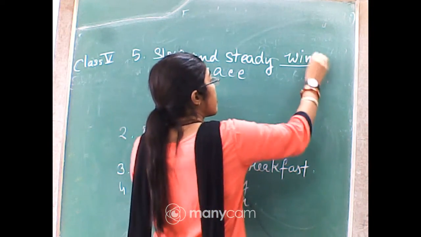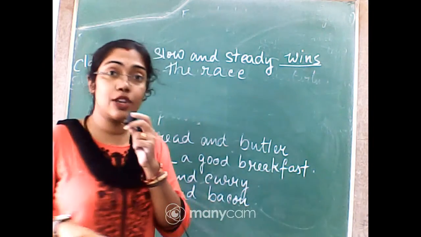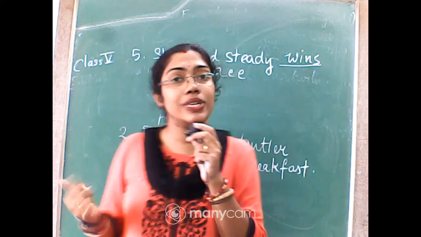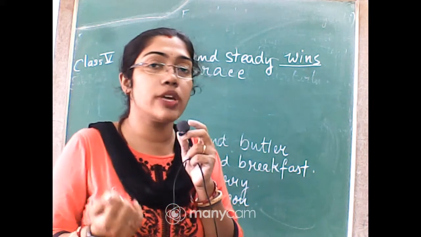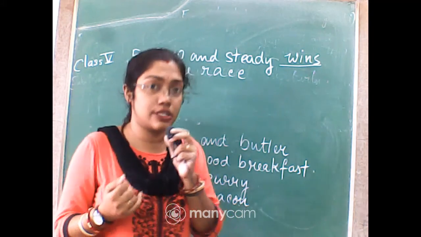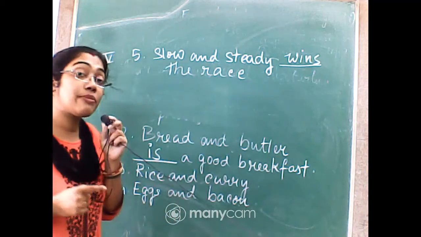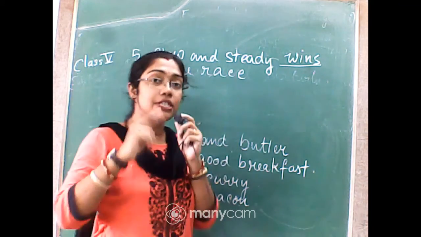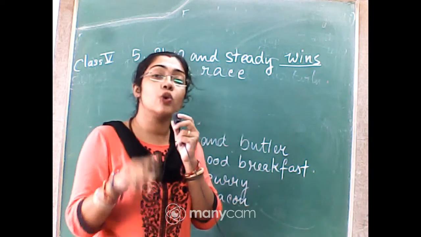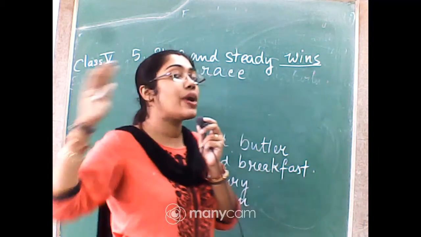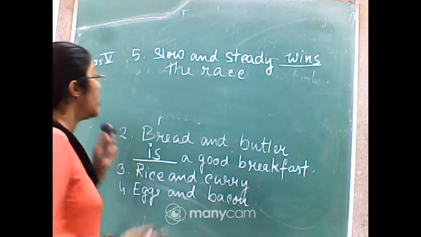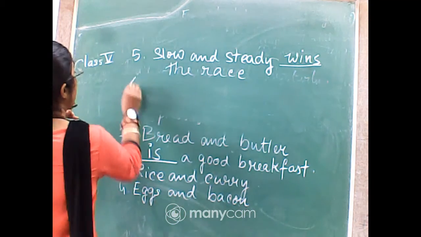Wins. It means a person who is slow as well as steady, that person wins the race. There is a story about the rabbit and the tortoise, it's from that story. The slow and steady wins the race, it's talking about a person who is having two characters, one is slow, another one is steady. Okay, next one, number 6.